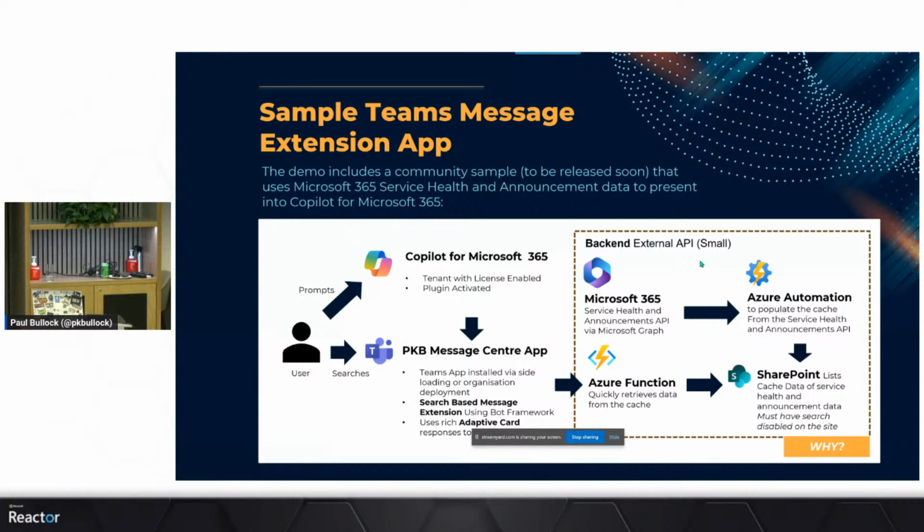So I've created this app that will essentially talk to a function. That's its pretend API. The app will query certain things about the message center data, either the announcements or the service health, and then return that result to the app and present that to the user.